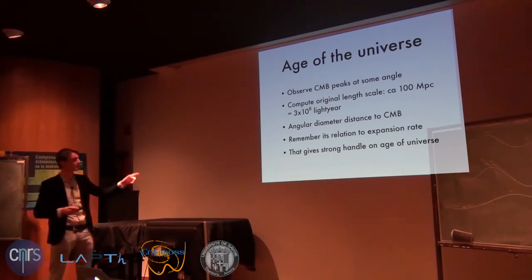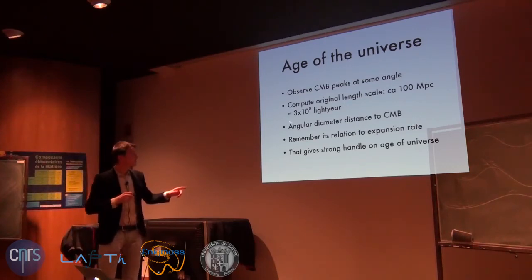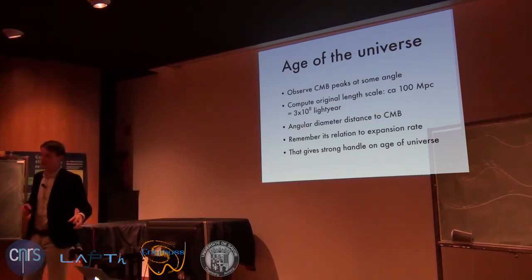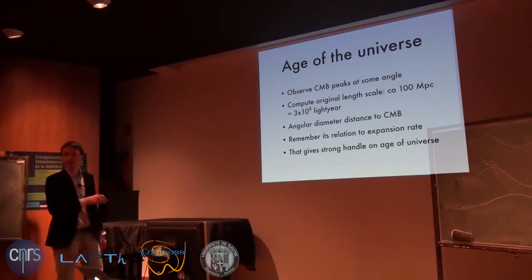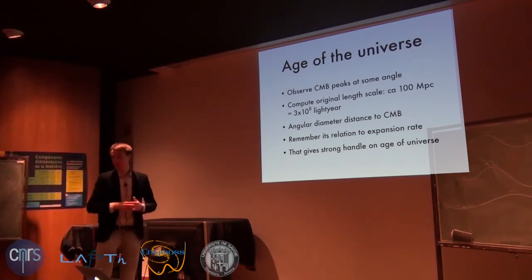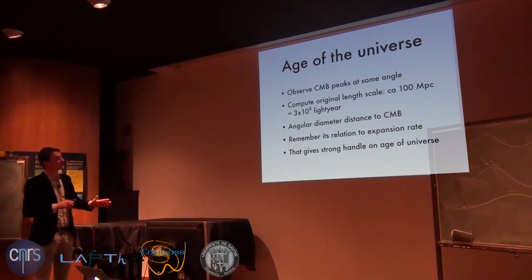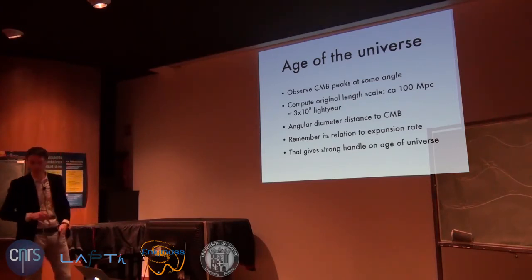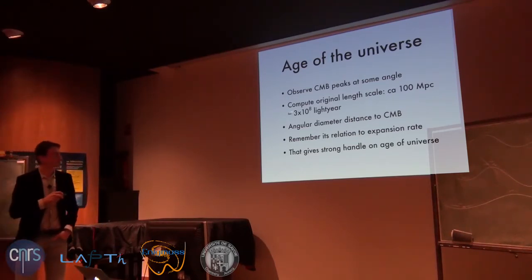This is not entirely true because I'm mixing co-moving and physical scales. It actually corresponds to 300,000 light years in the universe today. So you need to divide it by 1100 to get the actual physical scale of the first peak there. But if you forget about the expansion, it is very simple. The first peak of the CMB is at a distance of 100 megaparsecs. Oh sorry, I said 300,000 light years, but here of course I give a factor of 1,000 more.